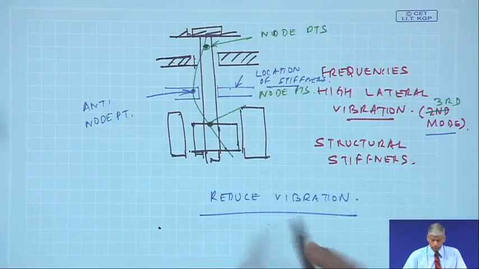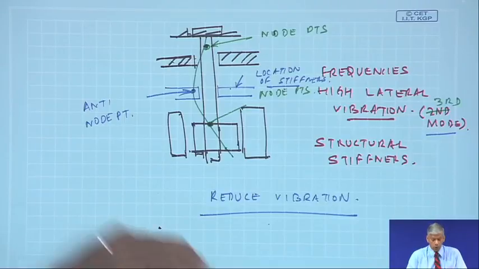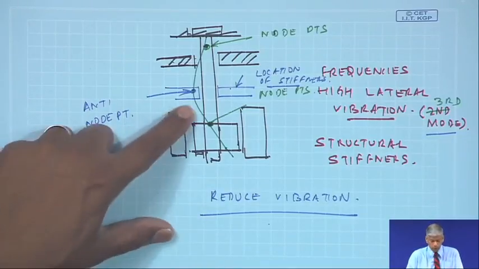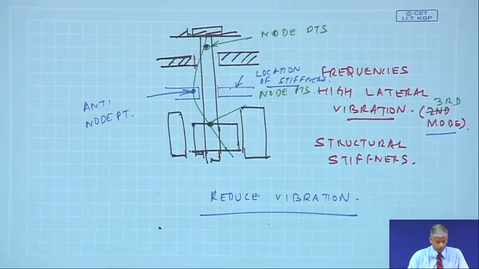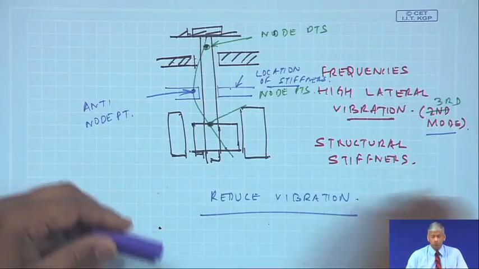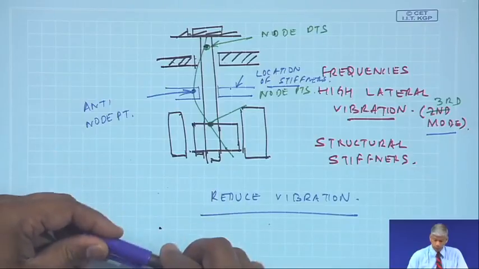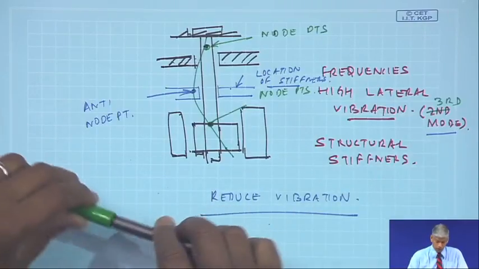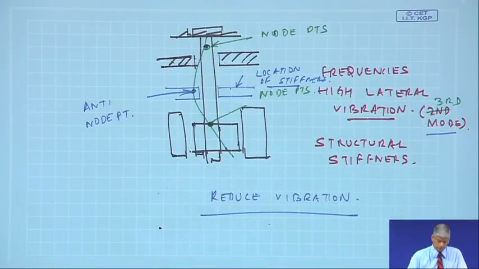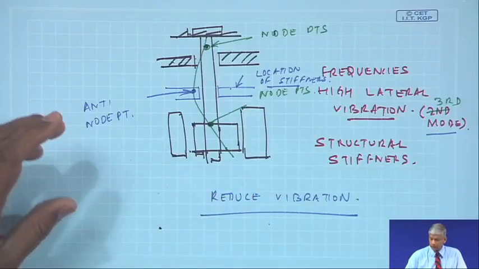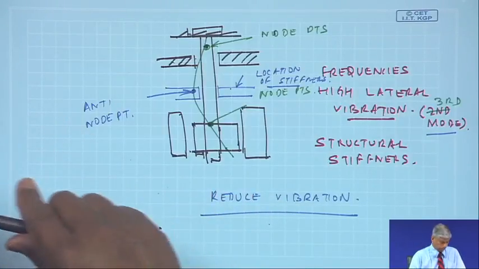But even if for some reason we operate the machine at its resonance, we can remove certain of these resonance vibrations at high frequencies by putting stiffeners around or near the antinode points. Now, experimentally, let us see how this is done.